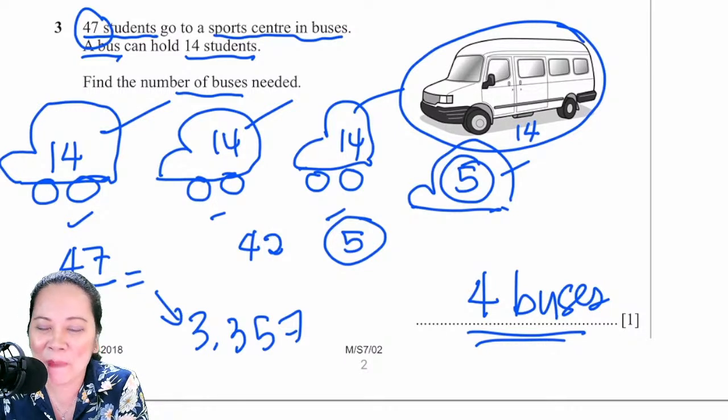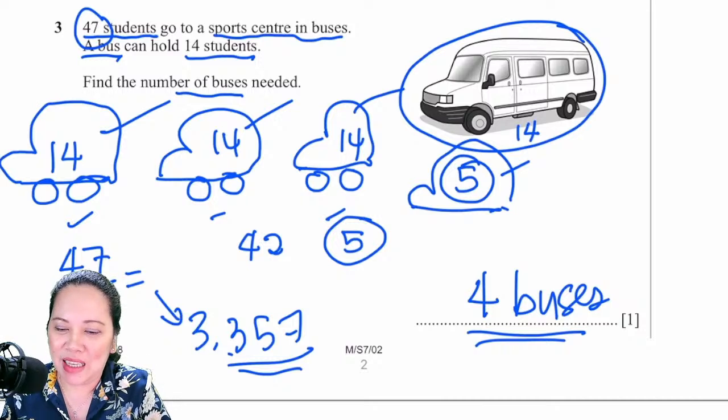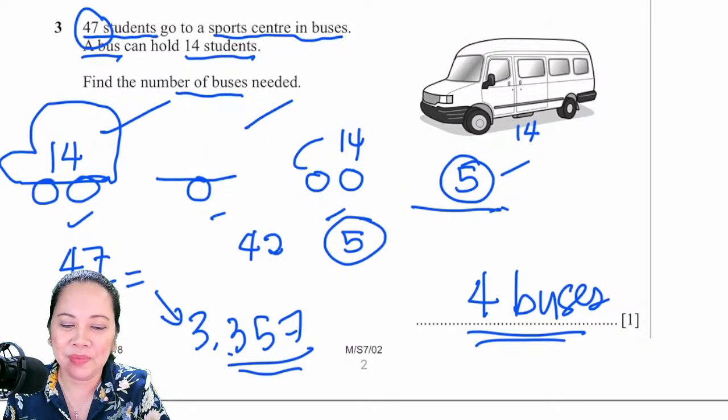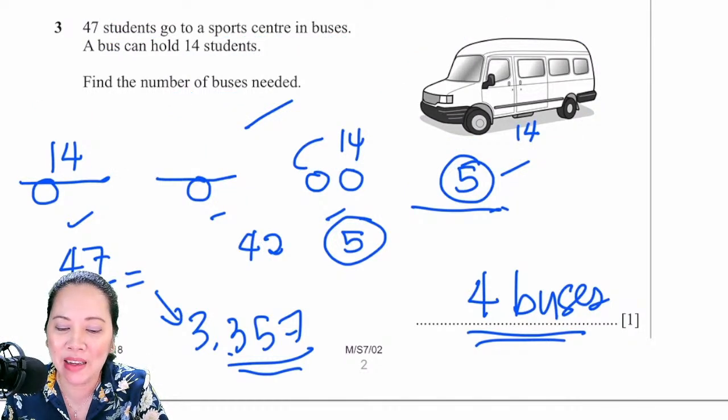Saan yung 3.357? Baka ano lang yun. Probably that's just the wheels. Okay? I hope it's clear.